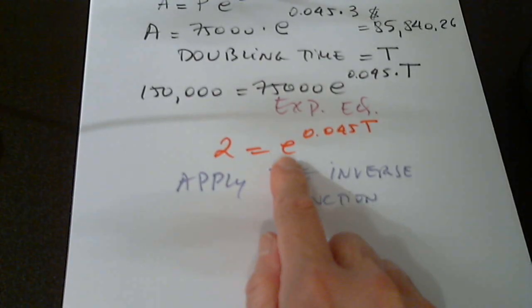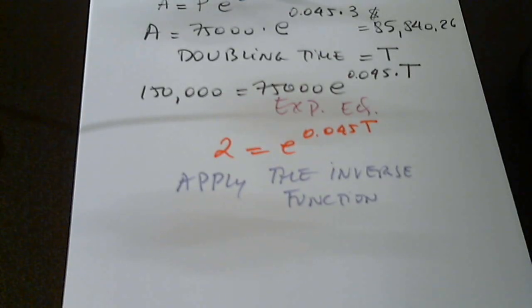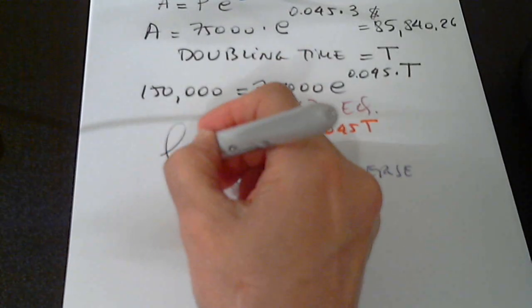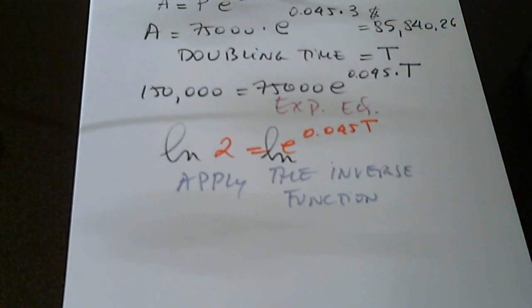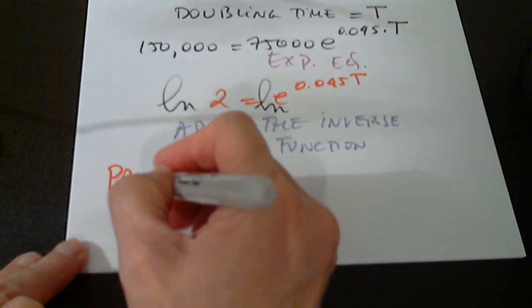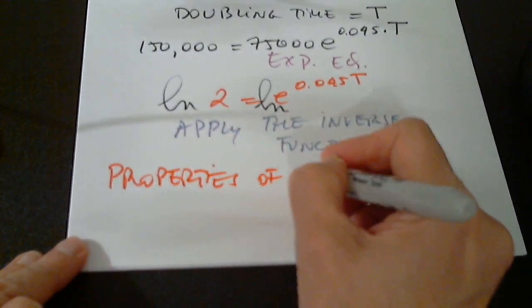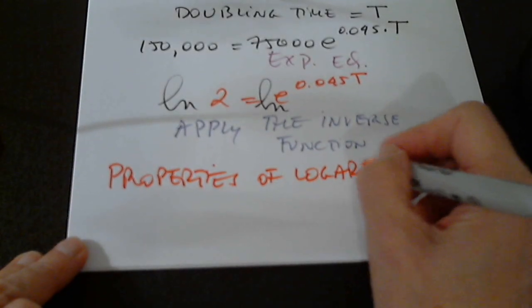Because the base on this side is e, I will apply natural log to both sides. And why is that? Because of one of the properties of logarithmic functions, and I'm going to list them here.